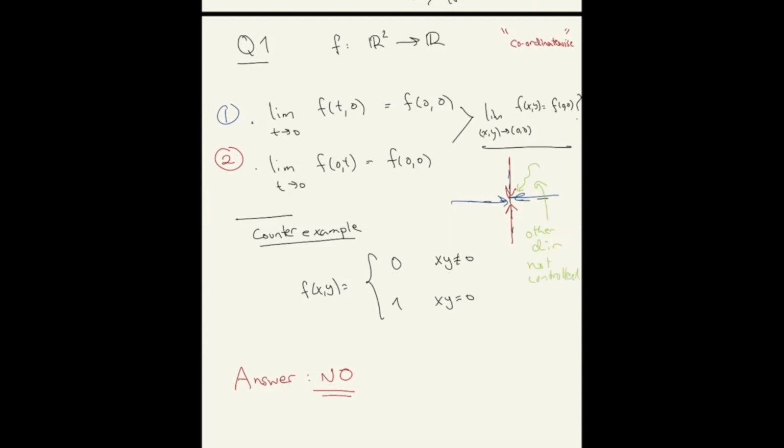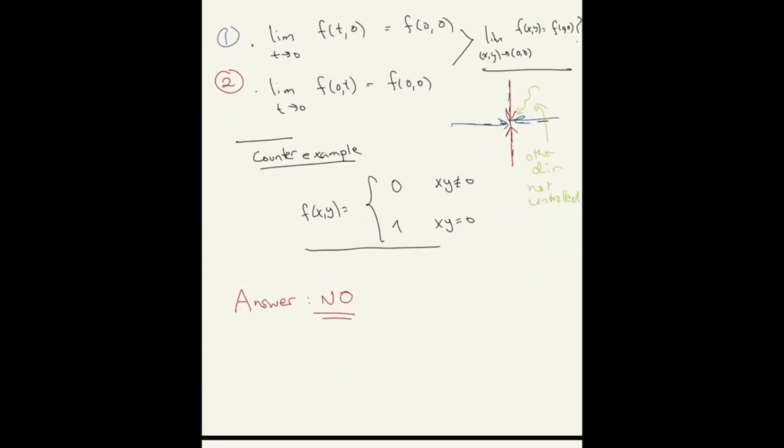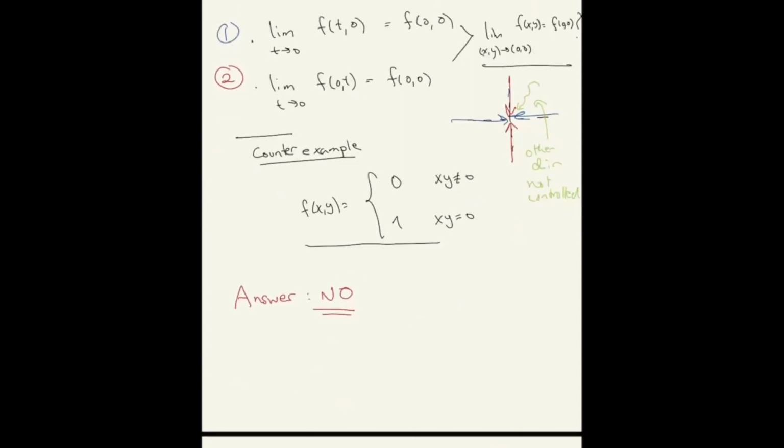It's fairly easy to come up with functions where the axes are controlled, and everywhere in the other four quadrants, if you're strictly inside of them, you can do anything. So one example is f(x, y) equal to 0 if you're off the axes. So function value 0 would be in these quadrants when neither of the components is 0, and then you'd have 1 on the axes. That's what this function is doing.